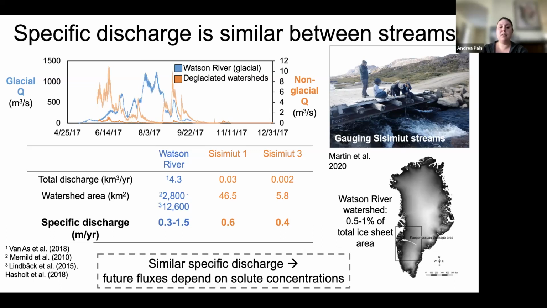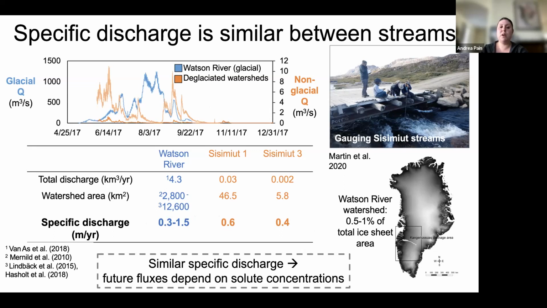If we take a look at the specific discharge of these different watersheds, we see that despite the orders of magnitude difference in the amount of water flowing, the specific discharges are actually quite similar. They're within the same order of magnitude. I want to highlight here that the Watson River watershed has a lot of uncertainty in terms of estimating its total watershed area.